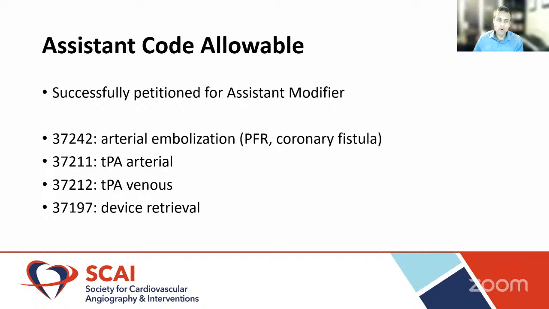Arterial embolization, and not to steal other people's thunder, but they'll talk about why, is for pulmonary flow restrictors and coronary fistula embolization. TPA administration, arterial and venous, oftentimes sick kids, coronaries, PEs, you want to have two attendings in the room. And then device retrieval, if you have a complex ASD device that's migrated and you have to go in and retrieve it, that can also oftentimes be a challenging procedure that requires two attendings. So those have all been updated to allow the assistant code now.